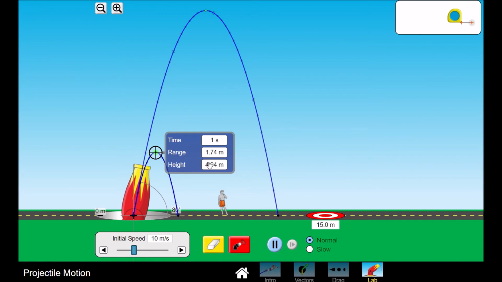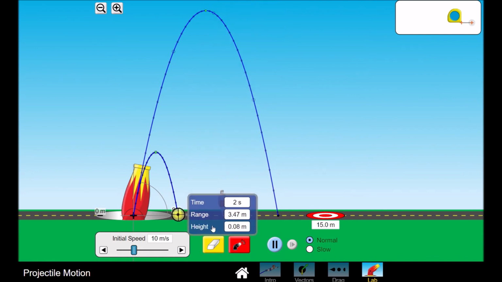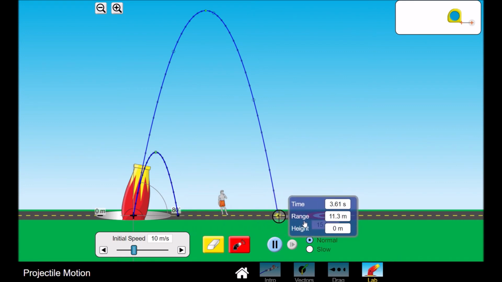So you see how this is 4.94, up here is 16.02 meters. The total trip time was 2 seconds in comparison to this one, which was launched faster at 3.61 seconds. So that's actually multiple variables we just tested there.